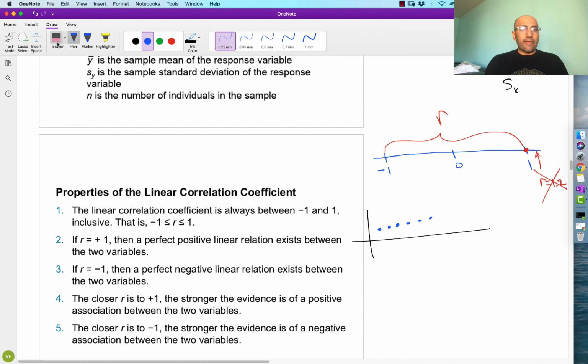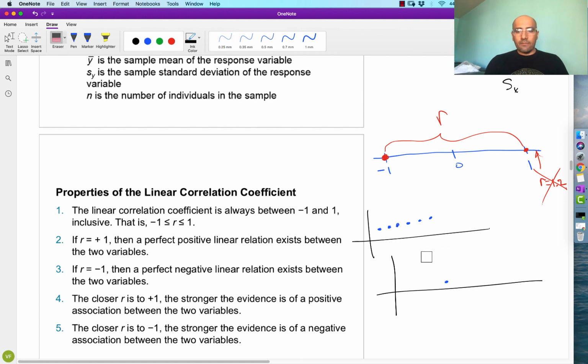On the other hand, if r is exactly equal to -1, so you get an r value that's exactly -1, then the relationship is a negative linear relationship. So maybe the little dots might look like this, a perfect straight line, and it's got a negative slope. Again, it doesn't say anything about the steepness of it though.